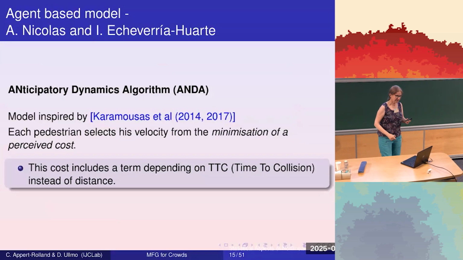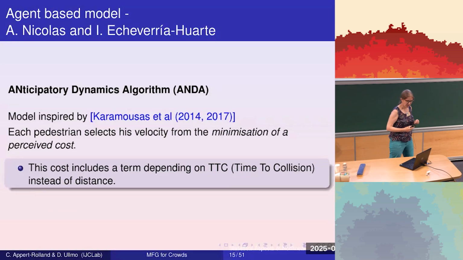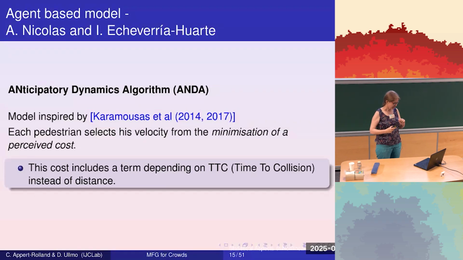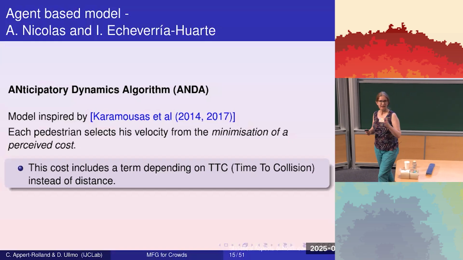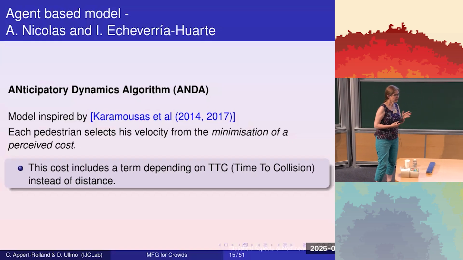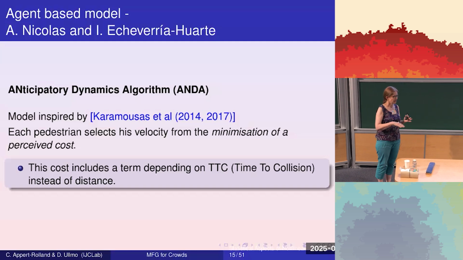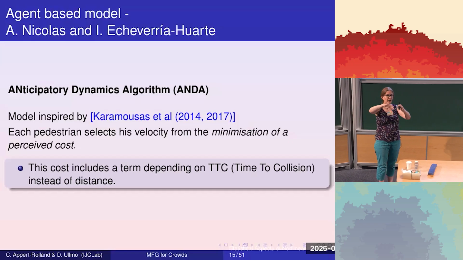So our colleague Alexandre Nicolas said, yes, but I have developed a new agent-based model, and I'm sure it will work. It's a more developed model where, in particular, the pedestrian selects their velocity in order to minimize a cost based on the time to collision, that is, in how much time you expect a collision with others.